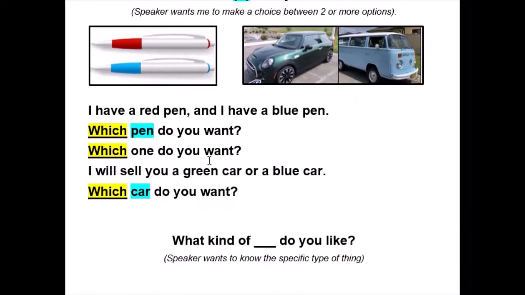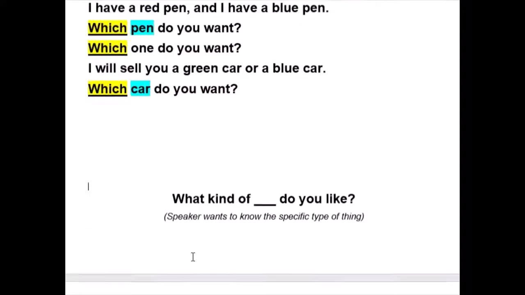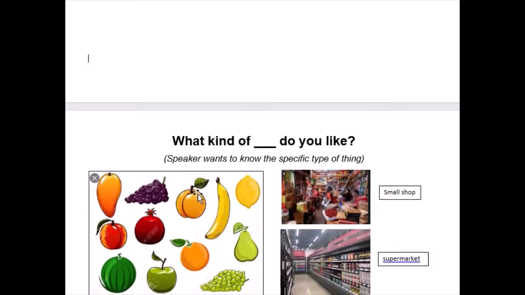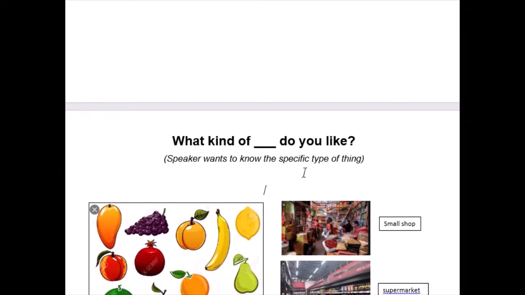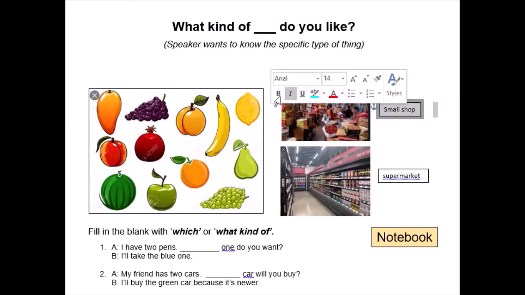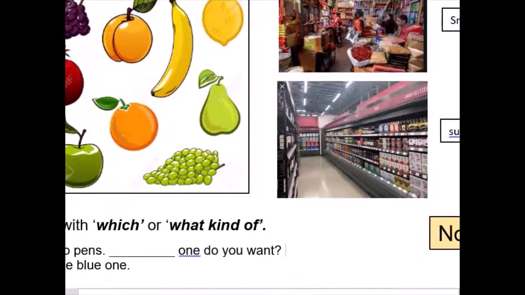All right. Next, what kind of something do you like? So I can use what kind of. The speaker wants to know the specific type of thing. So as an example, I have different fruit.